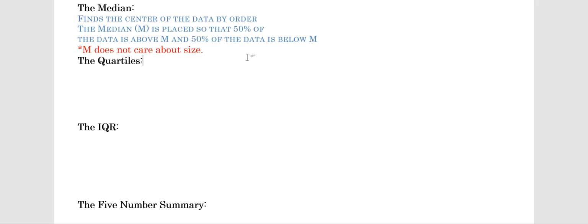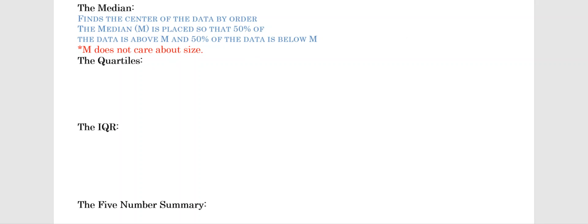The mean there is going to be 50, right dead in the center. It doesn't have to be a part of your data set, and it really just cares about size. If you had some values that were more on one side than the other, or something that looks more like some of the shapes we're going to see later, you're going to notice that the mean cares about size, whereas the median just cares about position or order.